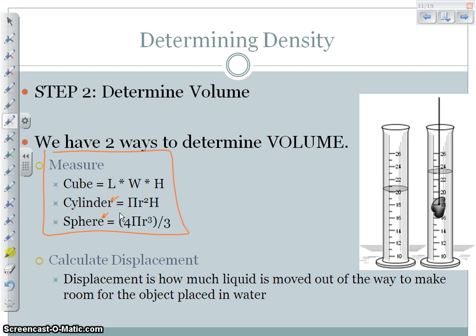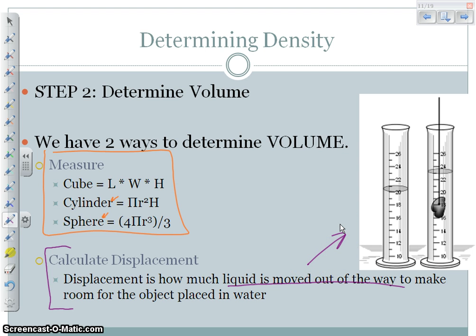And if we get an object that happens to be very irregularly shaped, instead of measuring, which can get very complicated, we could measure by calculating displacement. And displacement is basically how much liquid is moved out of the way when an object is placed into water. Our picture up top here to the right is showing displacement.